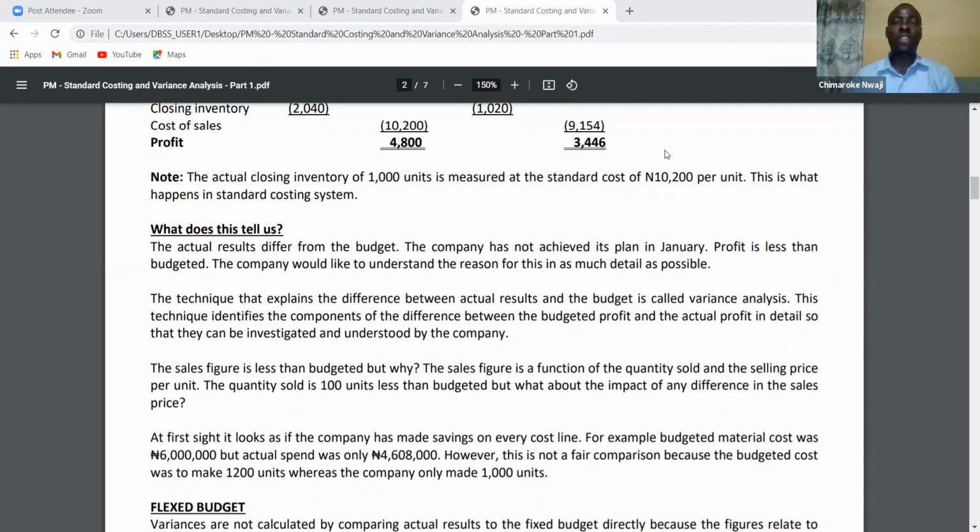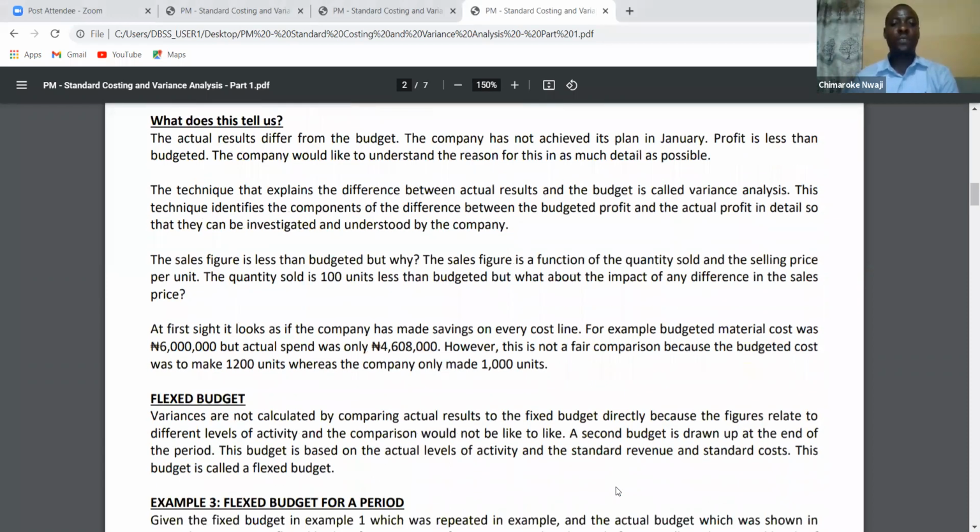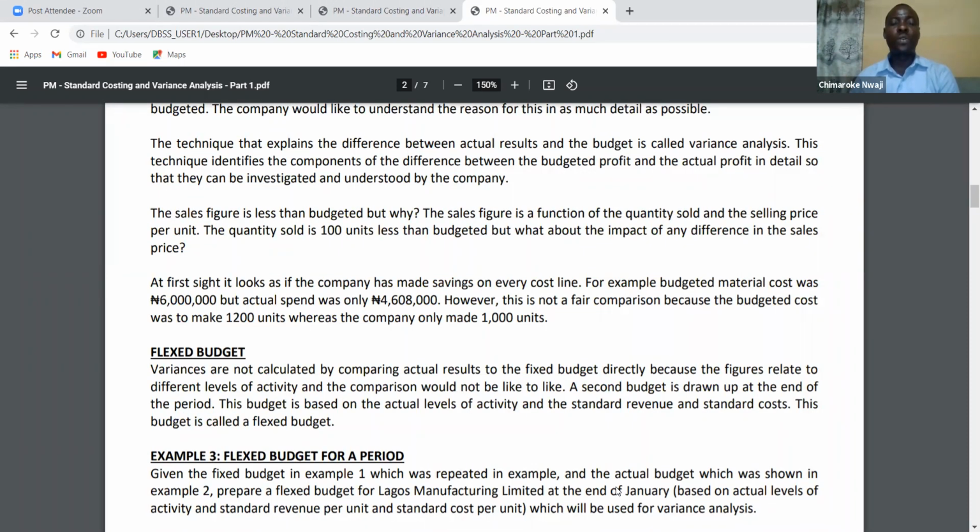We cannot change the quantity. But in a flexed budget, we can flex the budget in such a way that we can use it for variances.